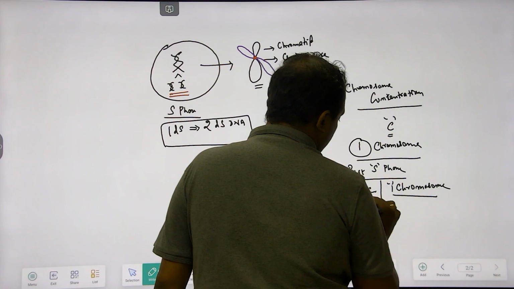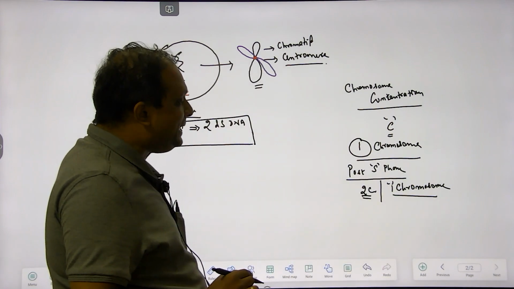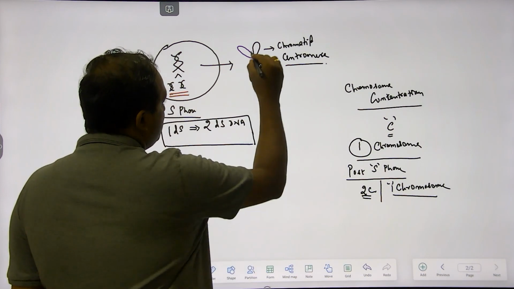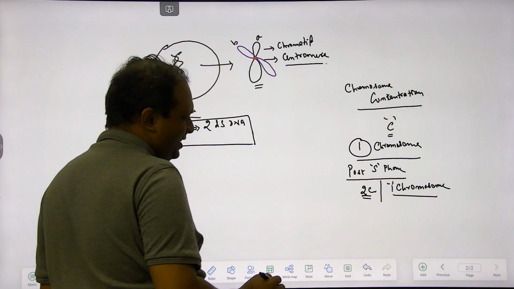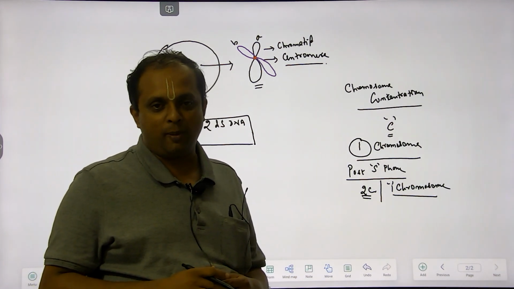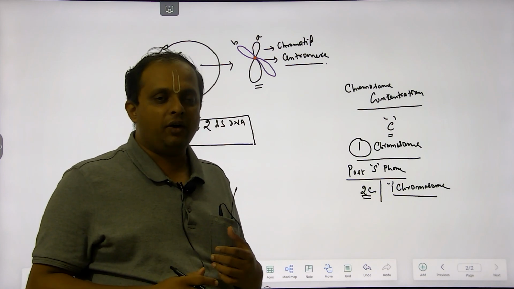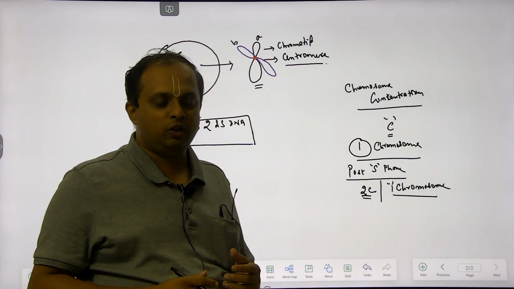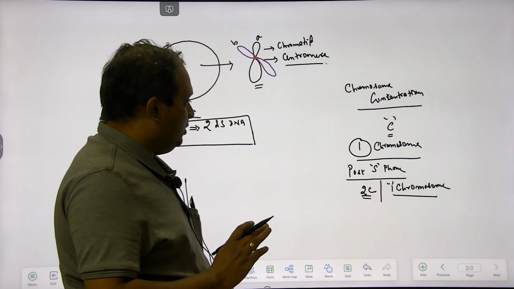But the concentration is getting doubled. And the chromatid number is also increased, if you consider this as A, this as B. So it is okay to have an idea of chromatid number also, but mostly we are questioned regarding the chromosome number and chromosome concentration, right? So this is how it is.